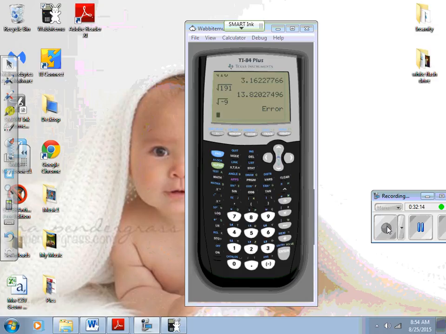You know square root of 9 is 3. If you do square root of negative 9, it says error. Here's the statement: non-real number answer. Those numbers don't exist yet. I haven't taught them to you yet.